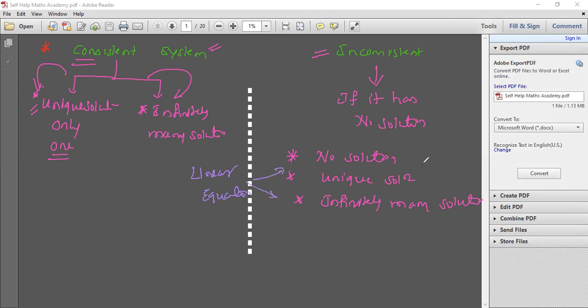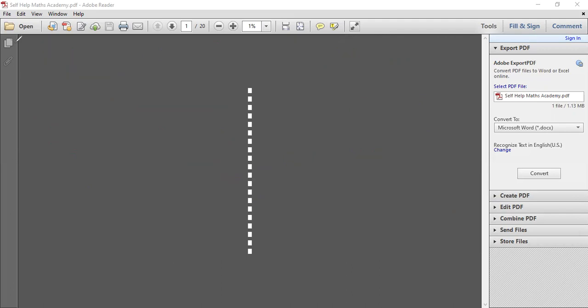Either it may have no solution, or a unique solution, or infinitely many solutions. Today I will take a non-homogeneous system and show you how it can have all these three types. We will understand one by one in detail with the help of examples. So let's begin. The first example is for a consistent system which has a unique solution.